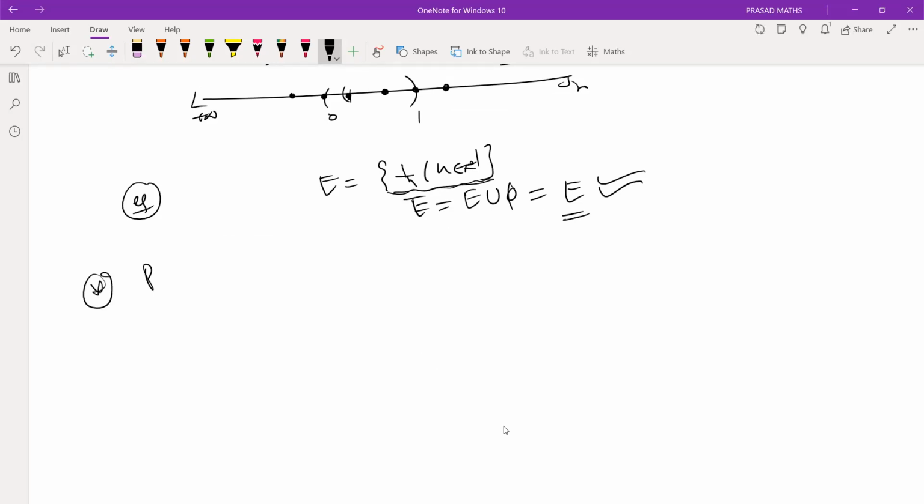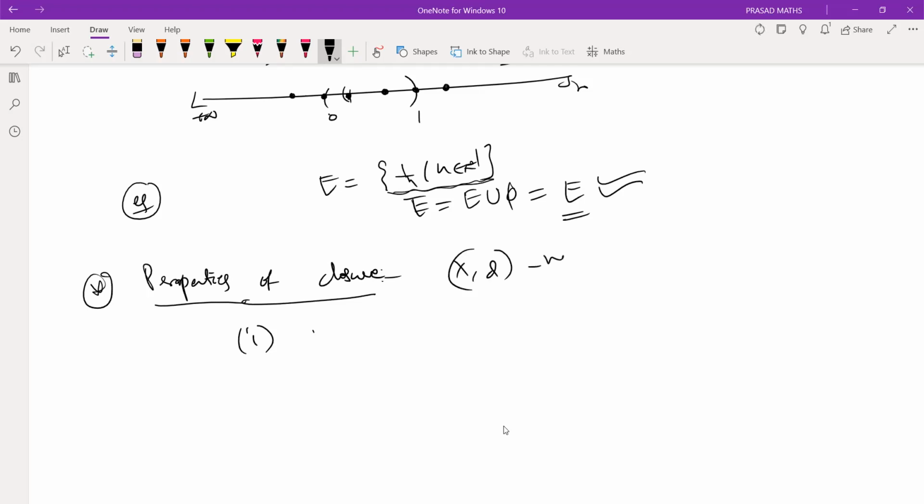Next, properties of closure. First property: you take any metric space, and you take any subset A. The closure of the set is always the smallest closed superset of A. That means the intersection of all closed supersets of A, each one being closed.